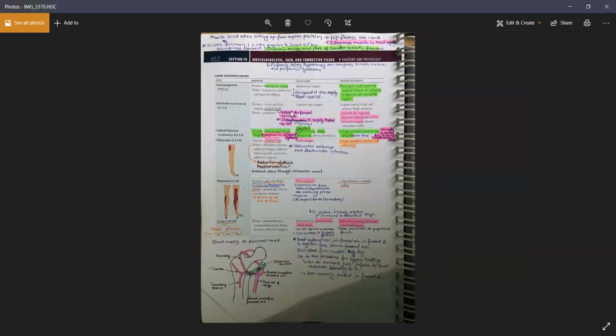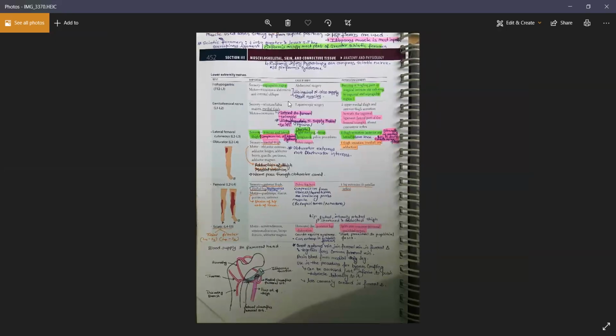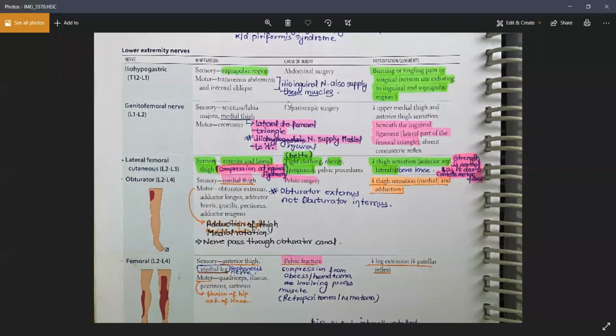And from today, we will start the lumbar plexus. Similar to the brachial plexus, which supplies the muscles of your upper limb for movement, you have the lumbar plexus, which supplies the lower limb for movement, right?